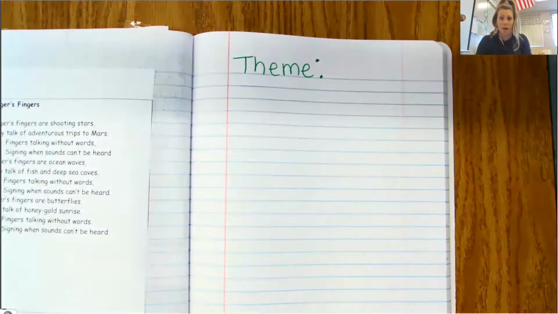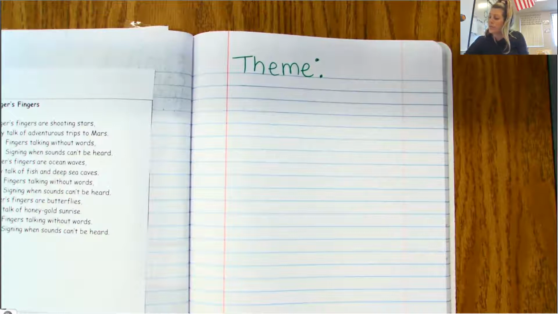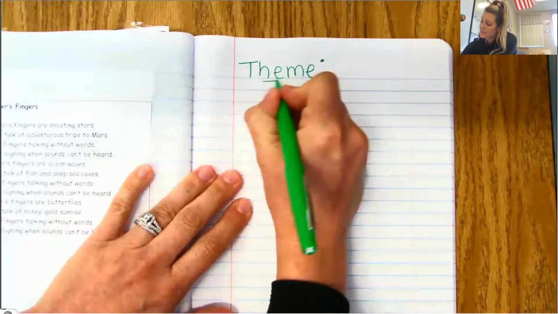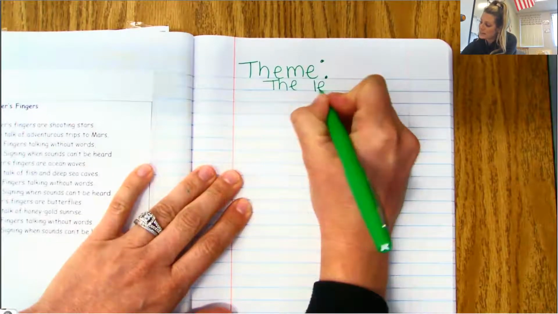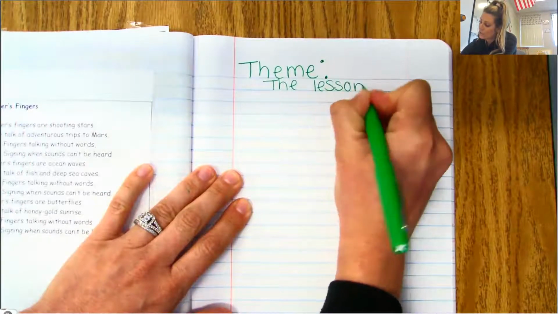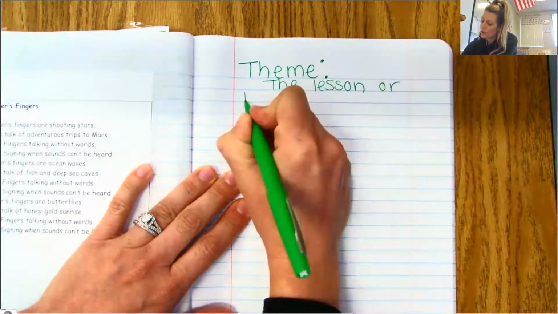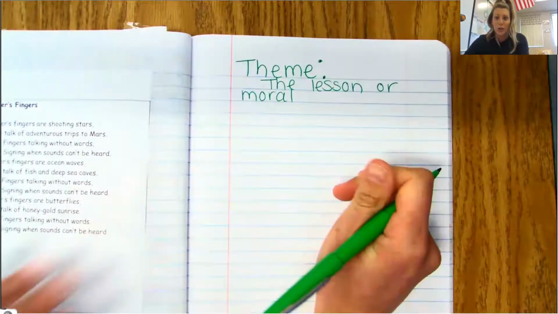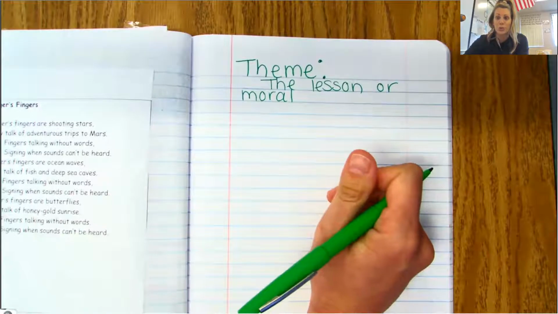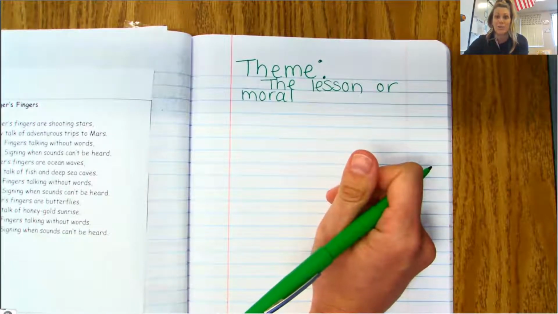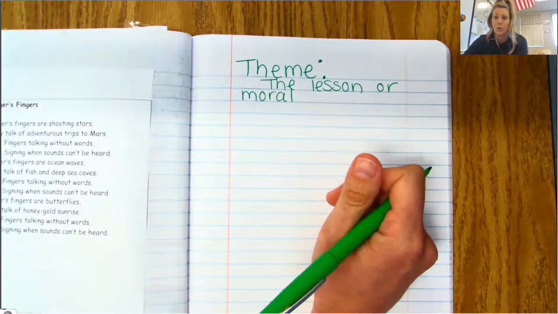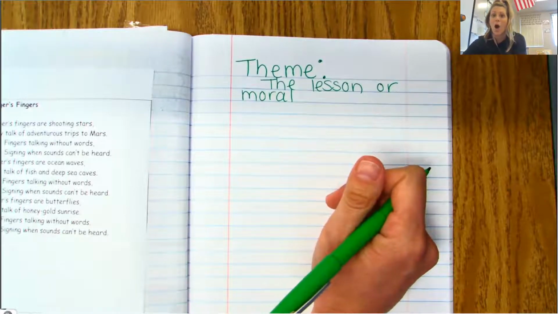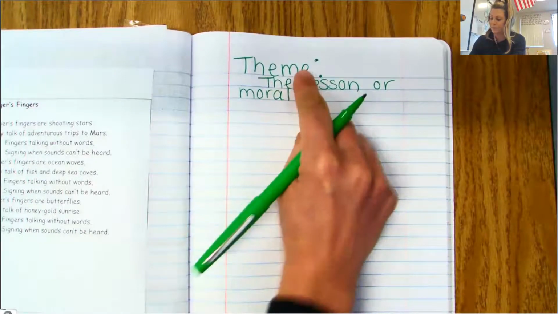And we've talked a lot about theme in the past. It's been a while. So remember, the theme is the lesson, or sometimes we call it moral, okay, that the author is trying to relay to us. It's the message. So the lesson learned, the moral, the message, all are synonyms for theme.